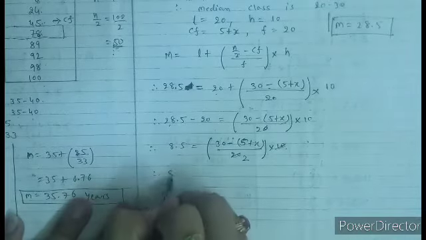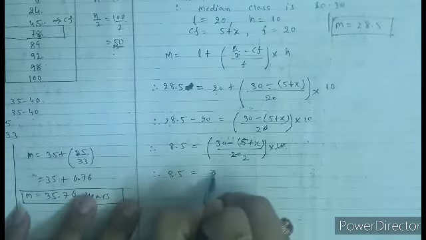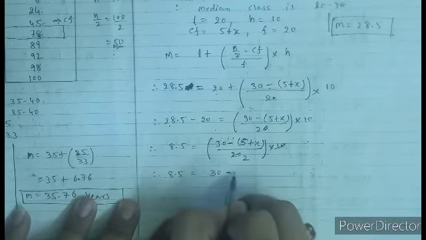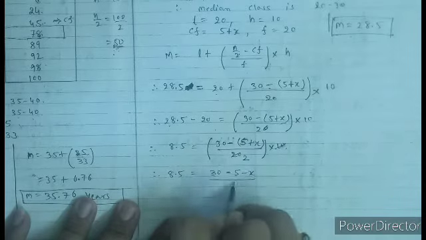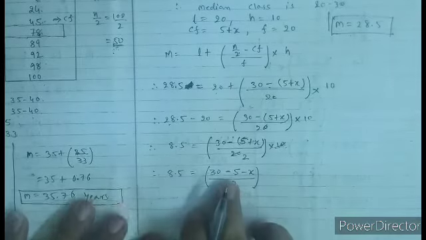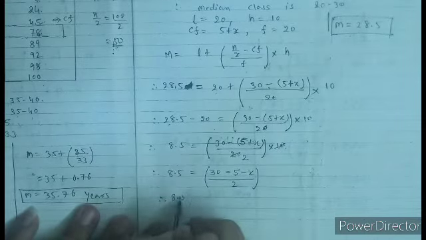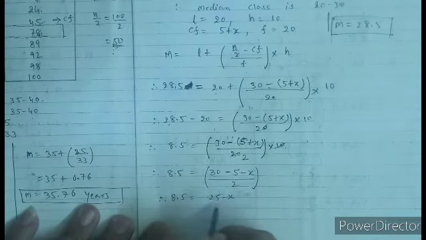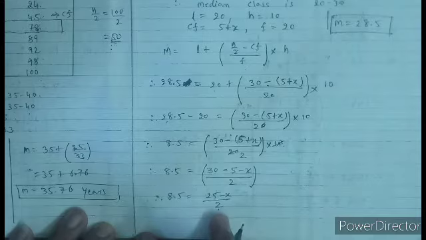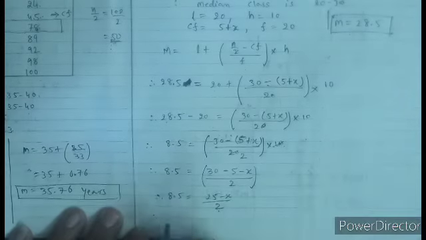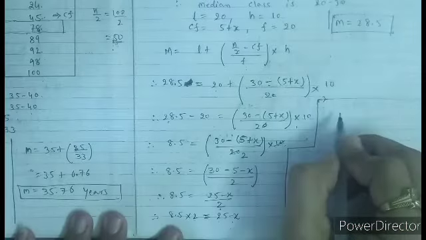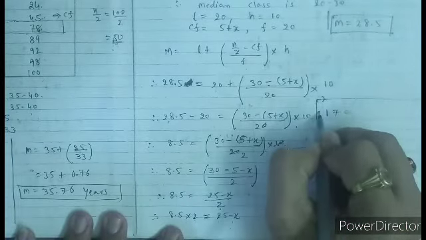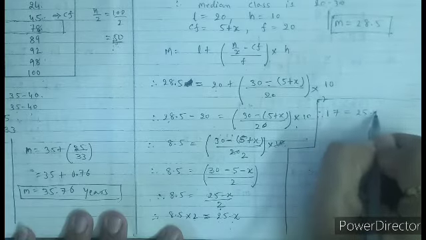Now further we get 8.5 equals 30 minus 5 minus x upon 2, after opening the bracket. We know that 30 minus 5 is 25, therefore 8.5 equals (25 minus x) upon 2. Now we can send this 2 from the denominator to the other side, where it will be multiplied with 8.5. So 8.5 multiplied by 2 equals 25 minus x. We know that 8.5 multiplied by 2 is 17, therefore 17 equals 25 minus x.